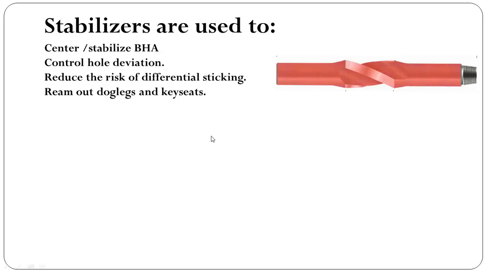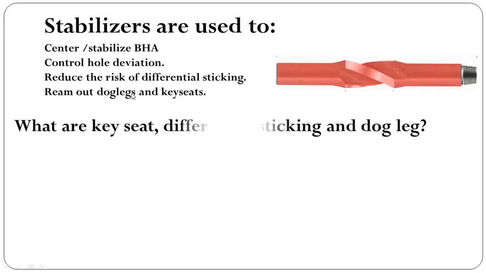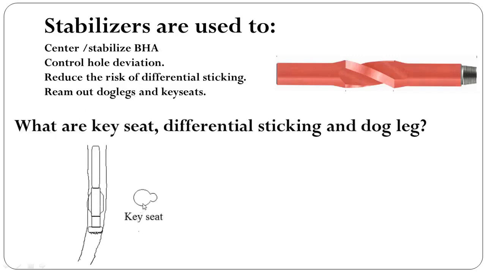Now we will see some new terminology that we have already used, like key seat, differential sticking, and dog legs. So the first one is the key seat. The key seat is a groove or small hole created in the drilled hole because of lateral forces acting on the drill string.